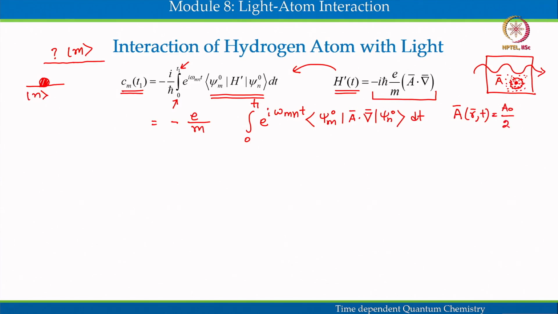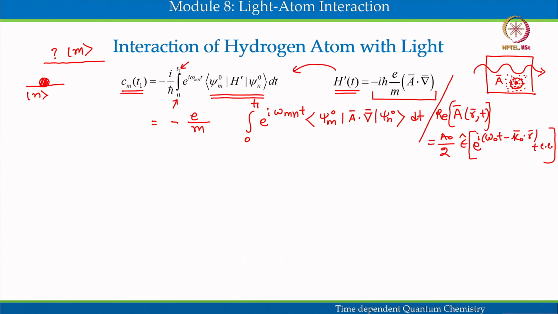We have seen that the real part of A can be expressed as A naught by 2, that is the amplitude divided by 2, then epsilon, the unit vector along the polarization direction, and then e to the power i omega naught t minus k naught dot r, plus complex conjugate. That is the way we have already seen it.